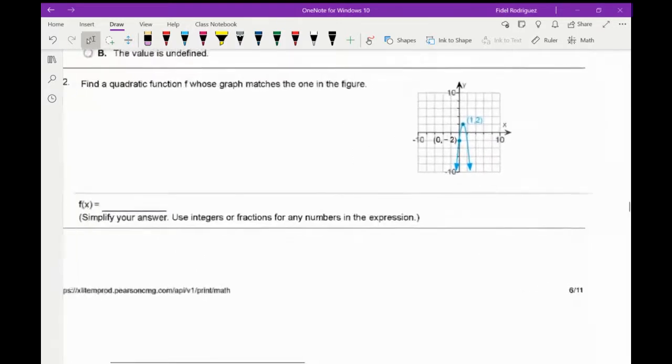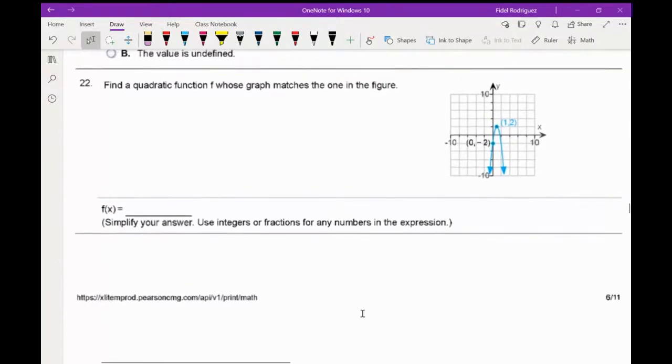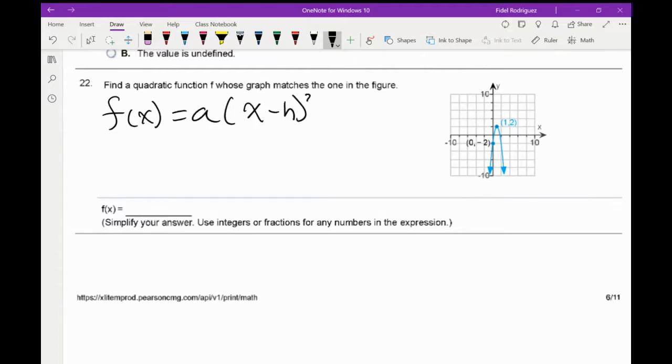It says, find a quadratic function whose graph matches the one in the figure. Okay. So guys, the way we're going to do this problem, kind of similar to the way we did the one with the circle, is we're going to write out the form of our quadratic function in what we call vertex form.